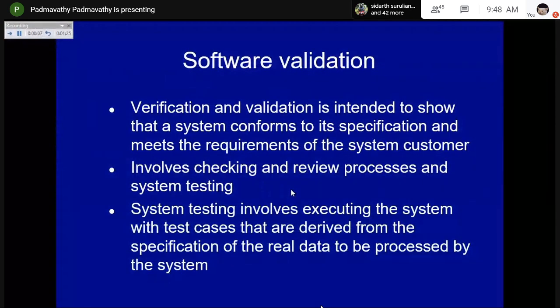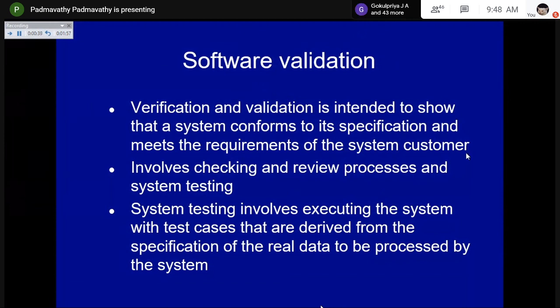I told you unit testing and integration testing is done after the programming. What is this testing? It is carried out to validate the quality of the software. Verification and validation is intended to show that the system conforms to the specification. It is actually doing what is expected from it, and it also meets the requirements of the actual customer.